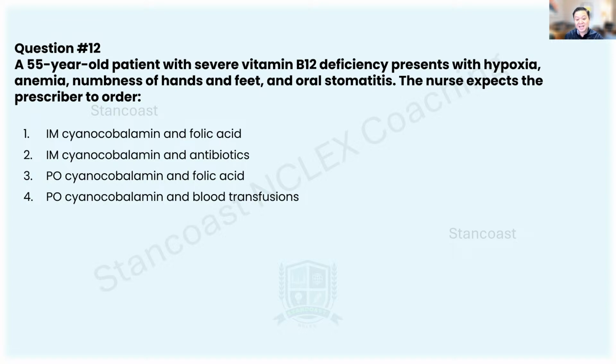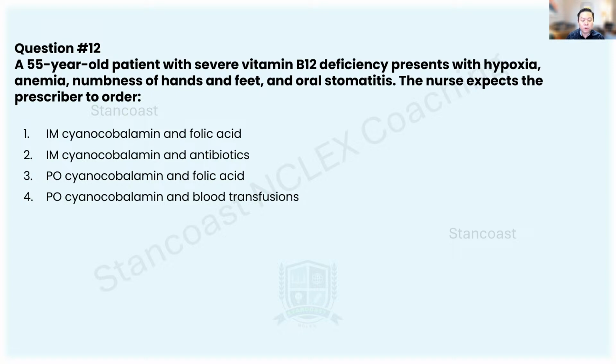A 55-year-old patient with severe vitamin B12 deficiency presents with hypoxia, anemia, numbness of hands and feet, and oral stomatitis. The nurse expects the prescriber to order: 1. Intramuscular cyanocobalamin and folic acid. 2. Intramuscular cyanocobalamin and antibiotics. 3. Per os cyanocobalamin and folic acid.